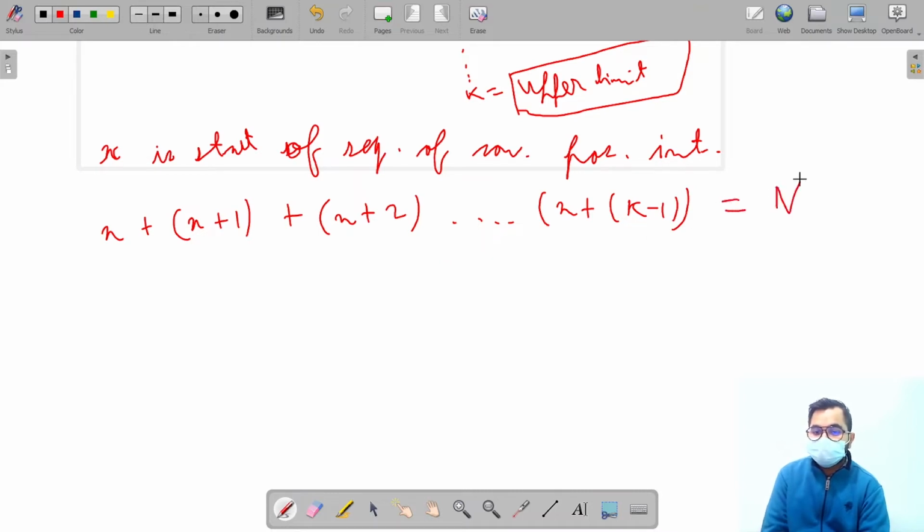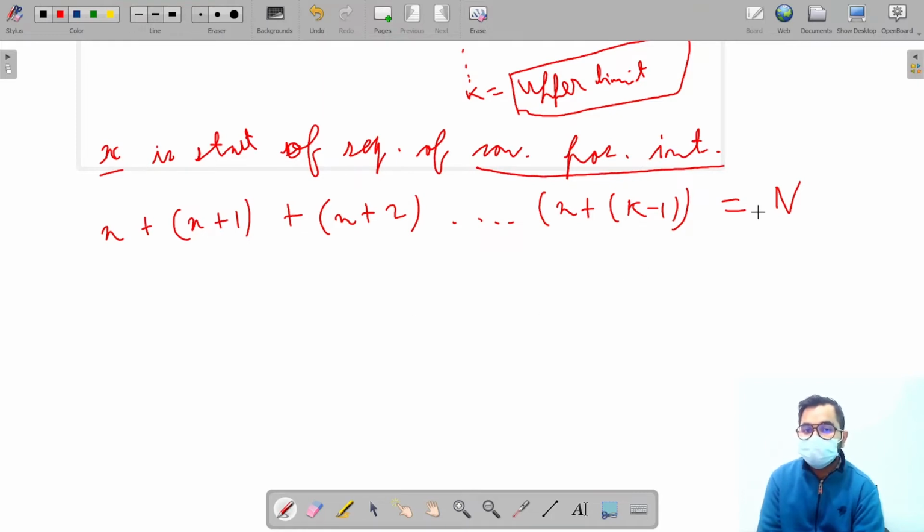This will give me their sum as n. So this is something I need to find. Remember, x is the start of the sequence of consecutive positive integers whose sum is going to give me n.